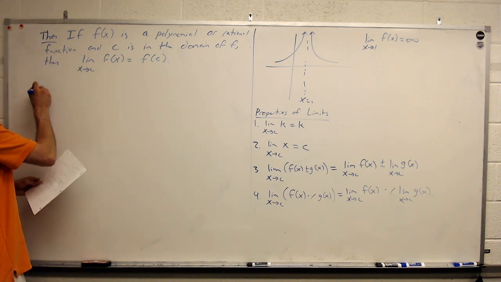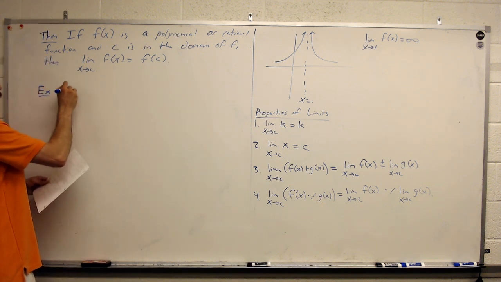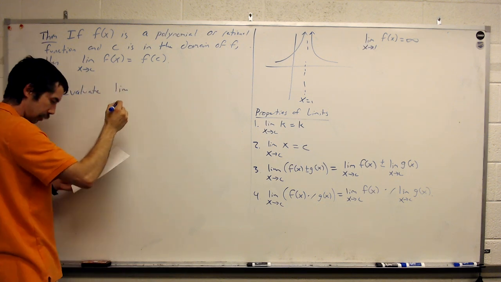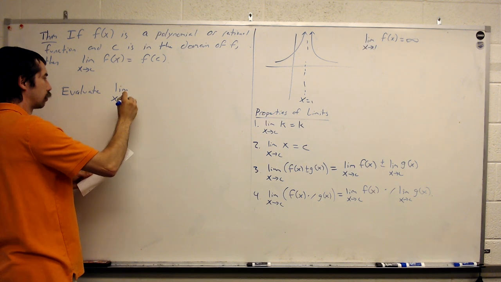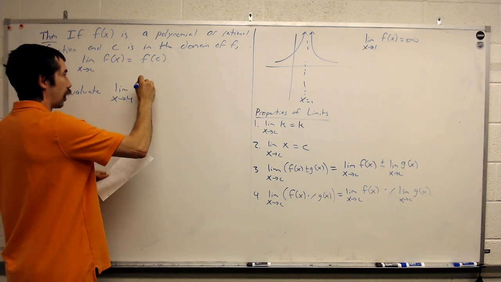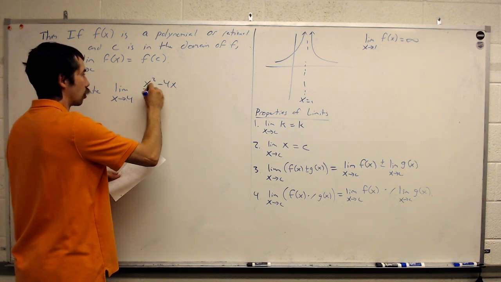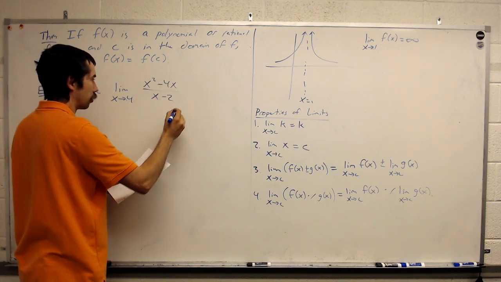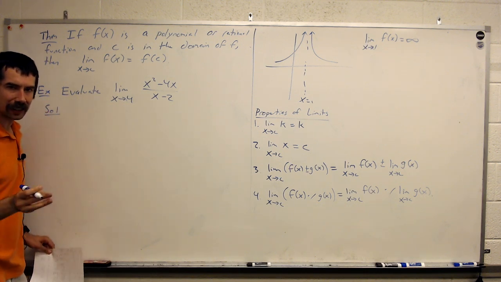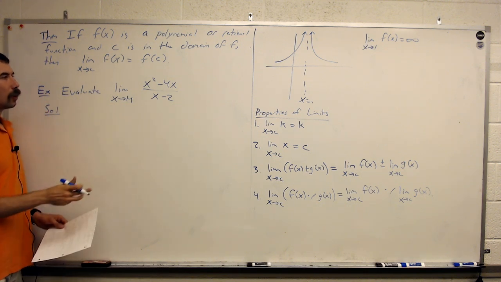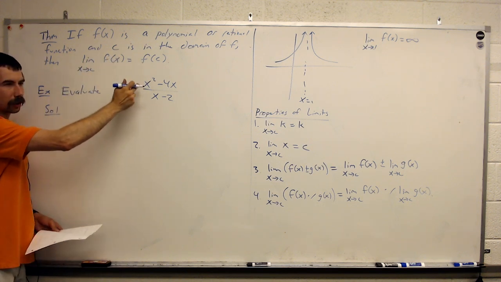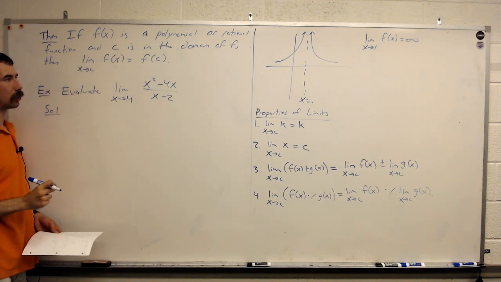Okay, so for example, evaluate the limit as x goes to 4 of x squared minus 4x over x minus 2. Okay, so we don't have to make a table of values or anything like we did before. We literally could just look at our theorem. We have a rational function, right? The quotient of two polynomials is a rational function.